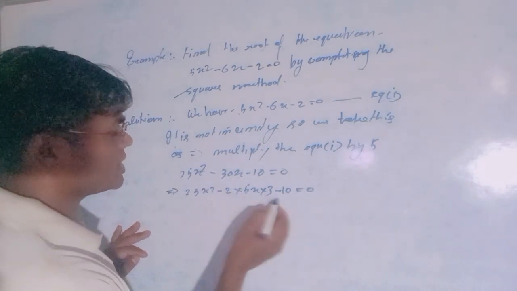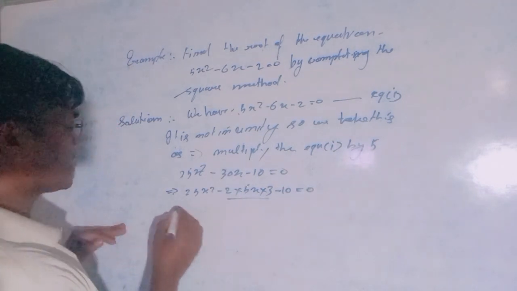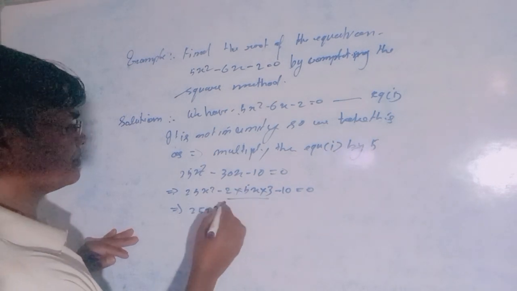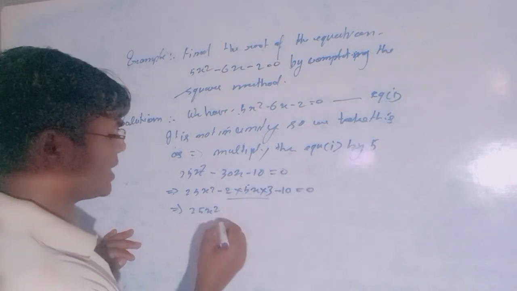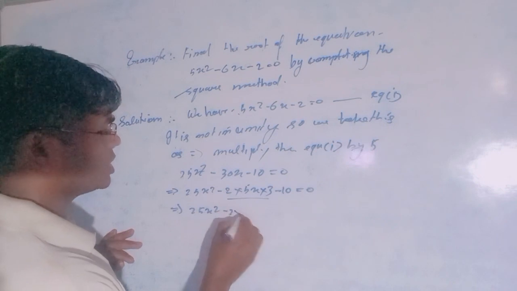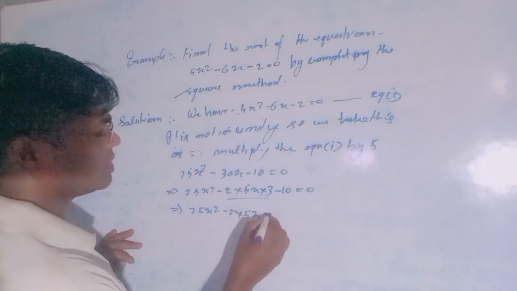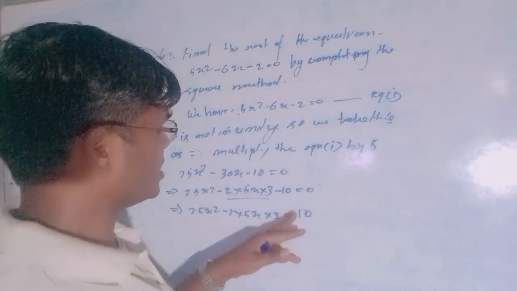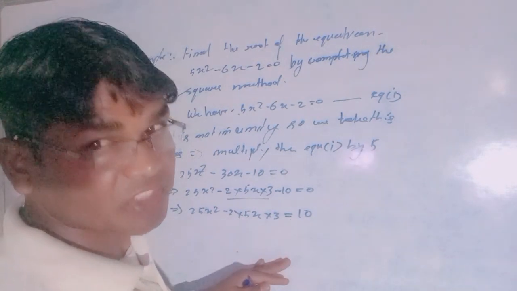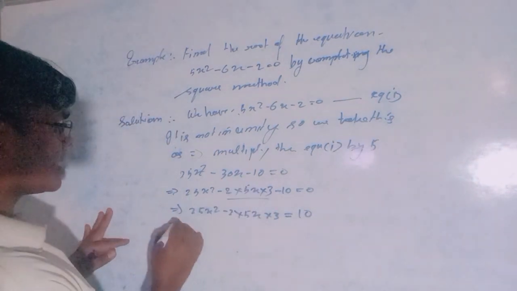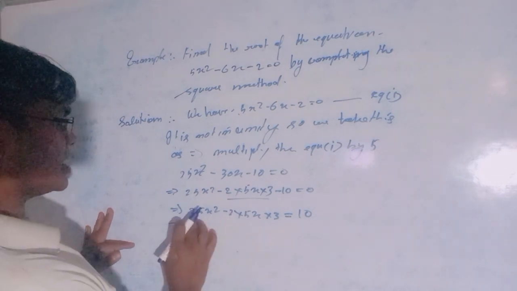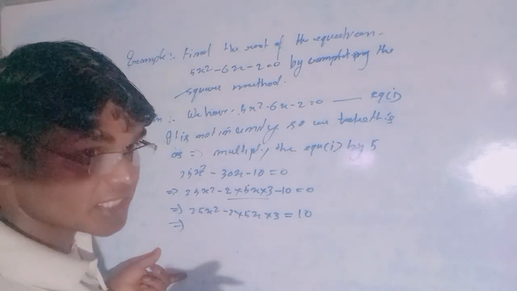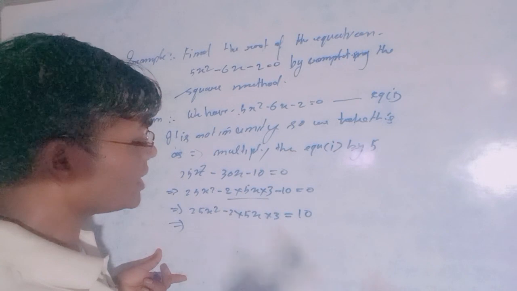So again we will write 25x square minus 2 into 5x into 3 is equal to 10, transposing the constant to the RHS. The next step is telling us to add the square of the value of b on both sides.